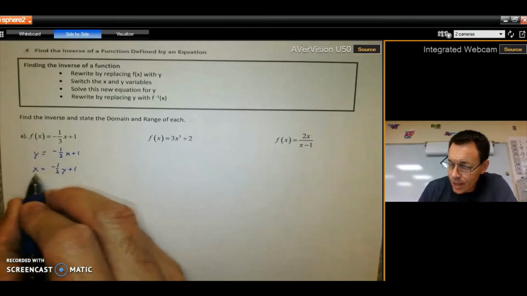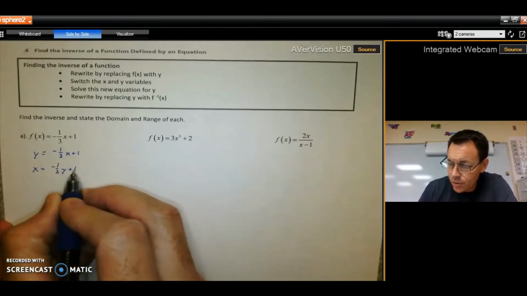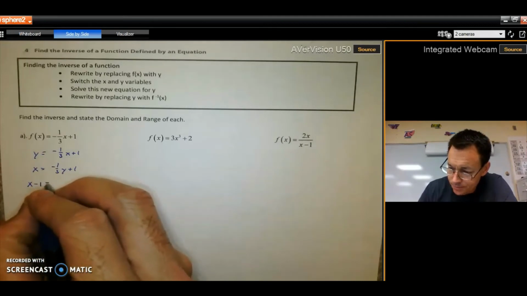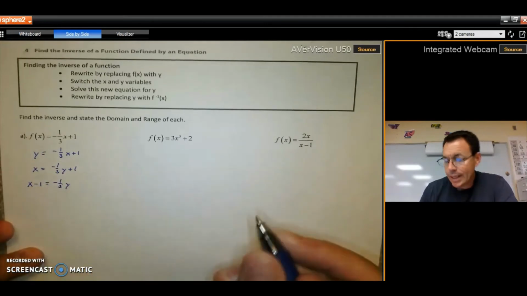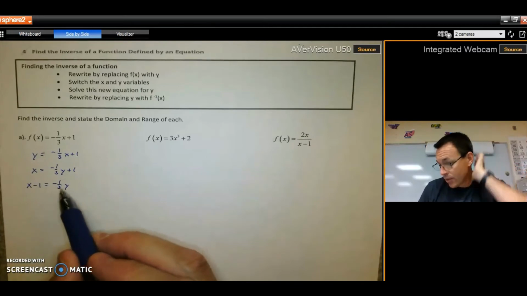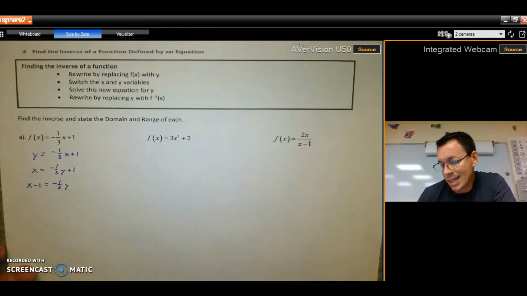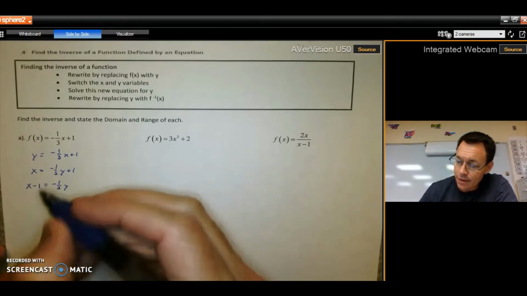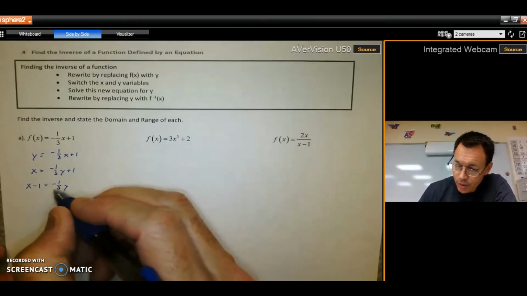So we need to get the y all by itself. We need to move the plus 1 to the other side, so that's x minus 1. Now we need to get rid of this -1/3 that's multiplying our y. The easiest way to get rid of a negative is to multiply by a negative. And the easiest way to get rid of a fraction is to multiply by its reciprocal.